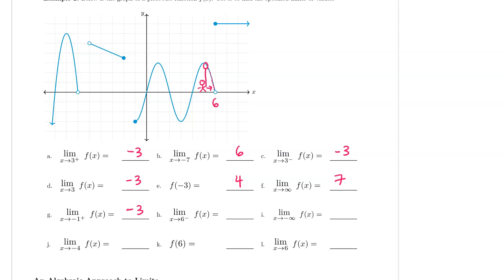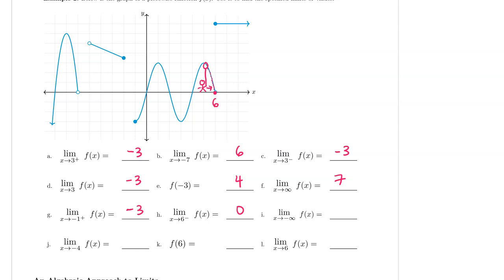Even though there's an open circle or a hole at that location, remember, we don't care where the function evaluates to or what the y value is. We only care about where the balloon is approaching, and it's approaching this ordered pair right here, again, even though there is a hole there, and the y value of that hole is 0. So that's going to equal 0.